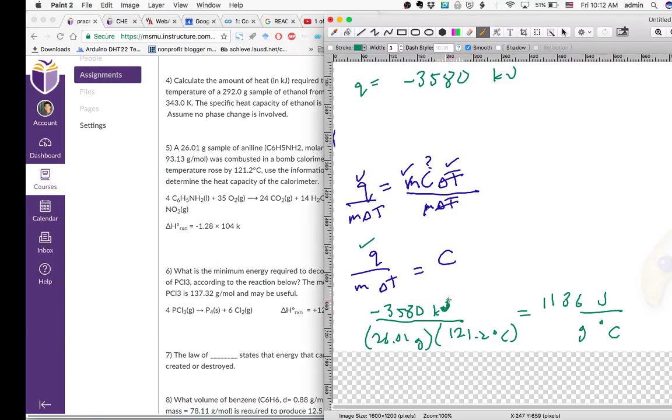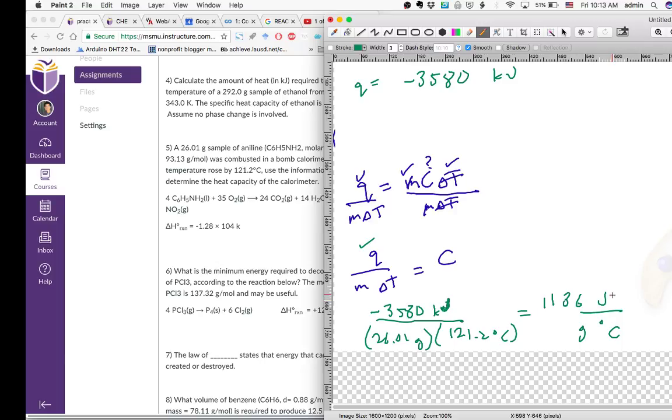Notice I'm getting the units from here: joules, grams, degrees Celsius. I changed from kilojoules to joules on the fly by looking at the calculator and moving the dot over 3 times, because the traditional units in chemistry for heat capacity is joules per gram per degree Celsius, not kilojoules per gram per degree Celsius. So that's why I changed this back down to joules.